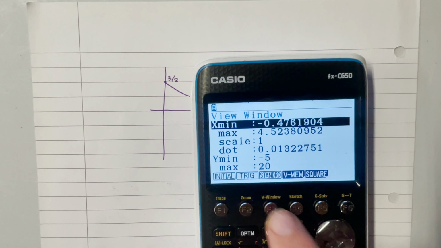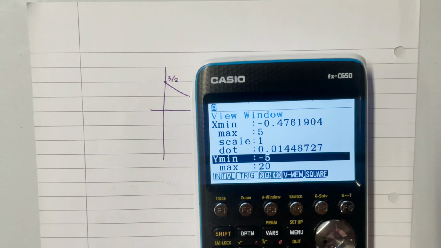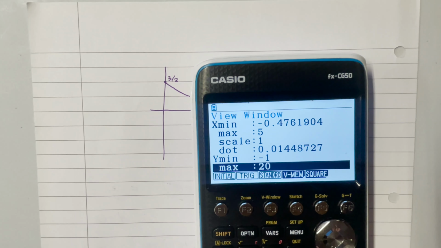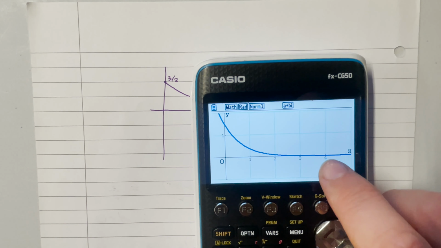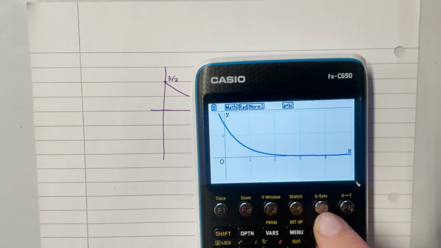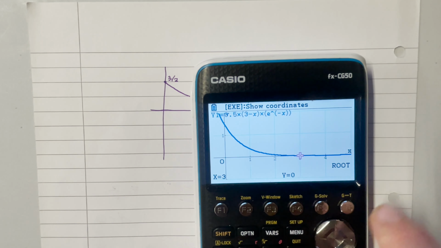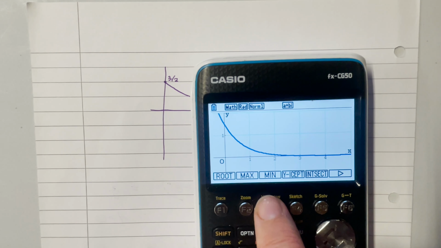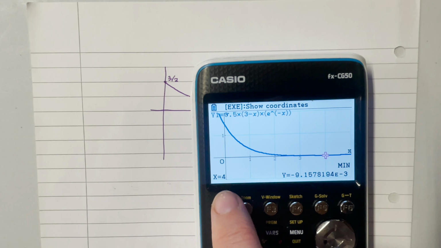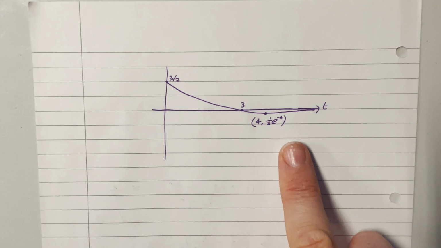Might need to change the view window. Yeah, I mean, you still can't quite see where the turning point is. If you do G-solve, and you look for roots, it will tell you that 3 is a root. And if you do G-solve again and look for the minimum, then it will tell you that t is 4 is the min, and that's the y coordinate of that point. So you can use that to sketch if you have one.